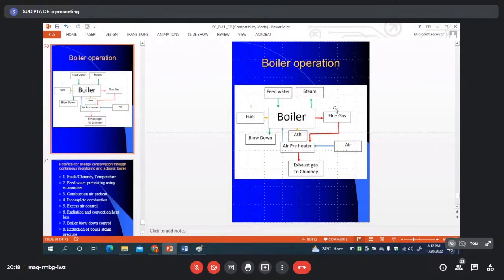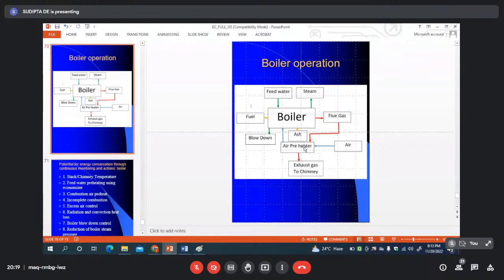In summary, this flue gas has several gas mixtures of the combustion product, and it may be at a comparatively higher temperature even after exchanging heat within the boiler itself, when the feed water is getting converted into steam. Now consider this flue gas. The flue gas also has significant heat content at a very high temperature.